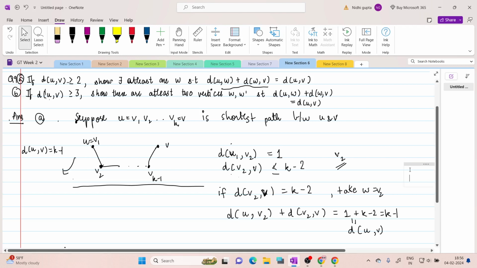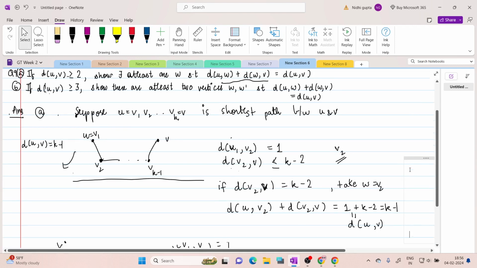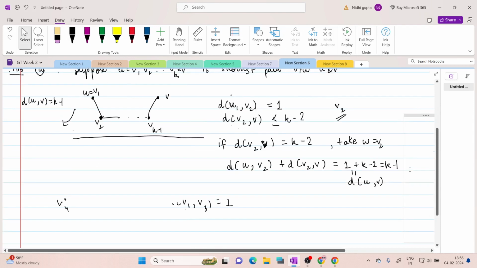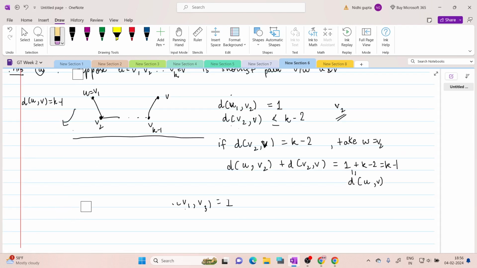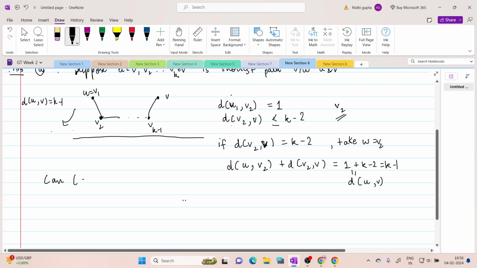So if d(v2, v) was k minus 2, we would be done. But can d(v2, v) be less than k minus 2?